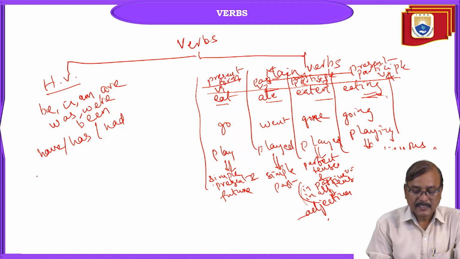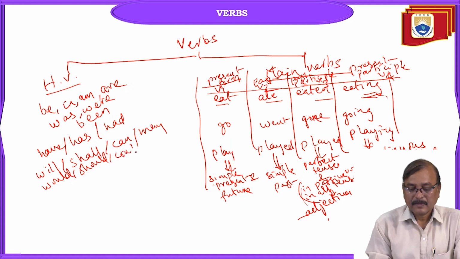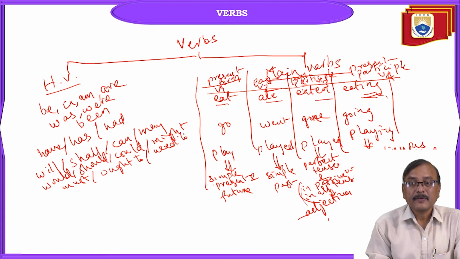Even we can use modal auxiliaries: will, shall, can, may, would, should, could, might, must, ought to, need to. These are called modal auxiliaries.